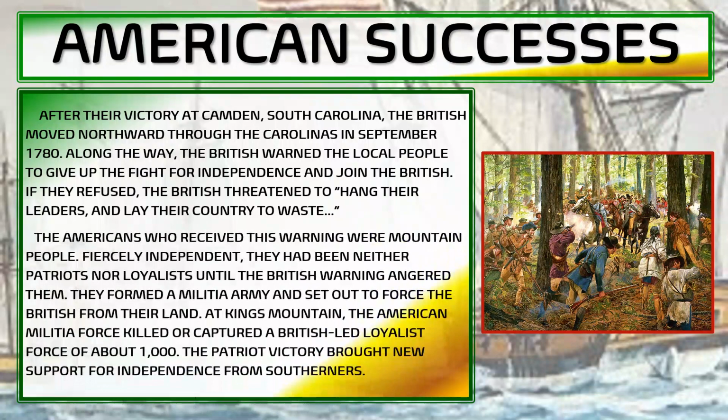The Americans who received this warning were mountain people, fiercely independent. They had been neither patriots nor loyalists until the British warning angered them. They formed a militia army and set out to force the British from their land. At Kings Mountain, the American militia force killed or captured a British-led loyalist force of about 1,000. The Patriot victory brought new support for independence from Southerners.